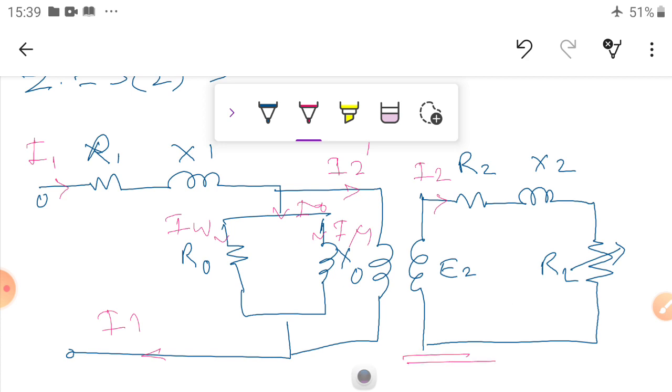Now, whatever these values are, we refer them to the primary side. To refer the values from the secondary side to the primary side, we have to divide by K square, the transformation ratio.